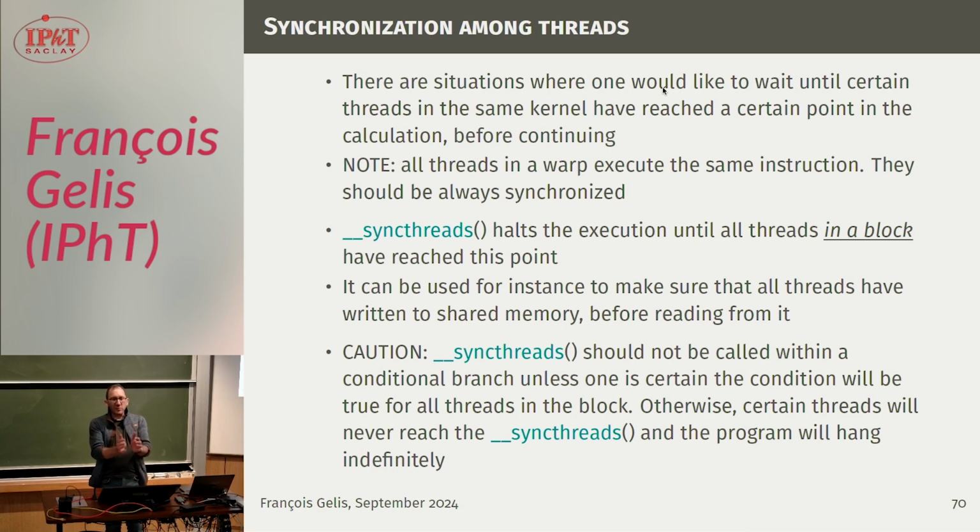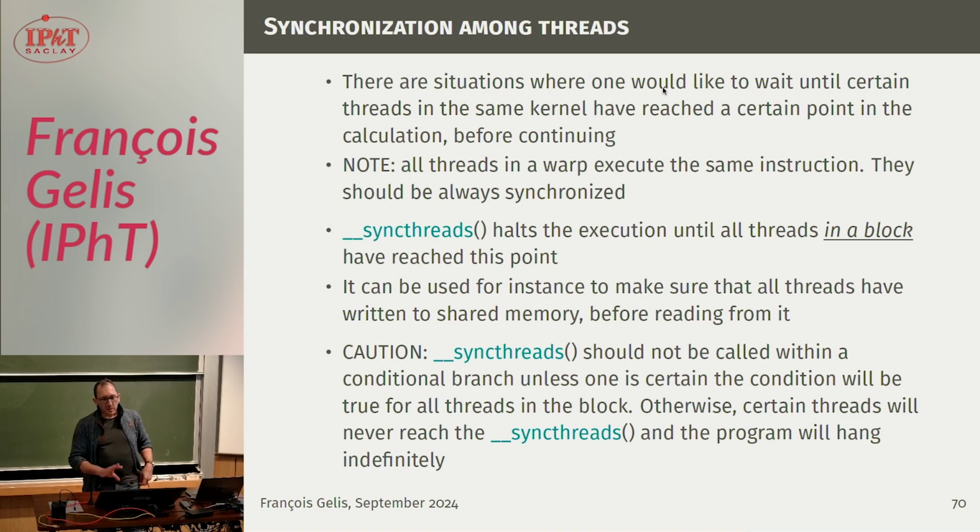So first of all, if we start at the level of what is called the warp, these groups of 32 threads, usually there is no need for synchronization among those because by design of how the GPU operates, they are always synchronized. They do the same thing at all times.